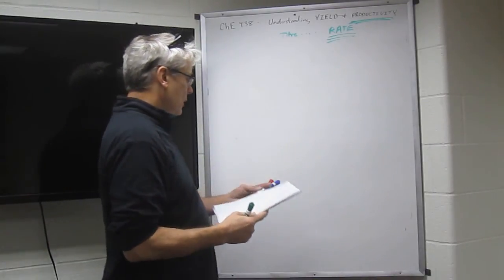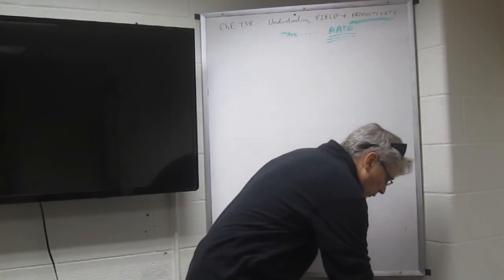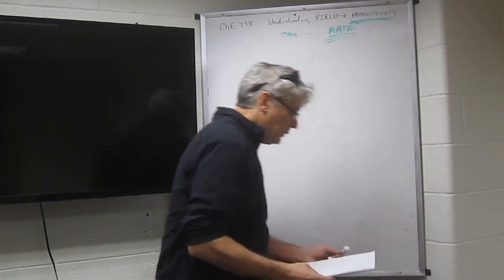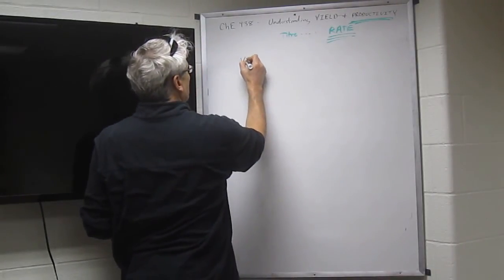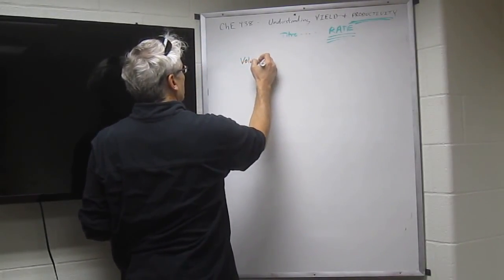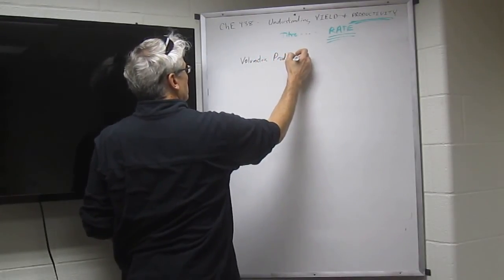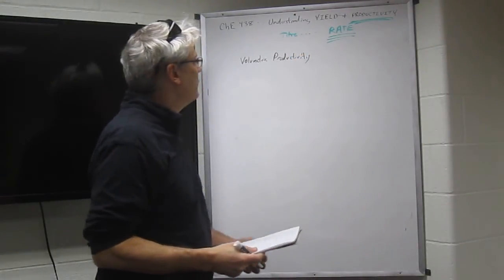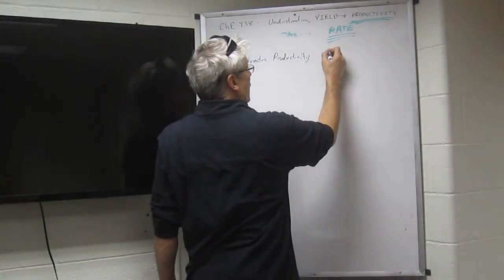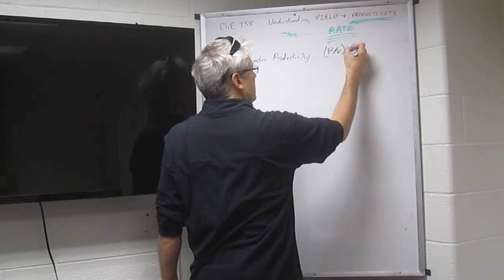Okay, in the simplest terms, the ones that you'll see most commonly expressed will probably be a volumetric productivity. And volumetric productivity represents the amount of product, if you will, per volume, per time.